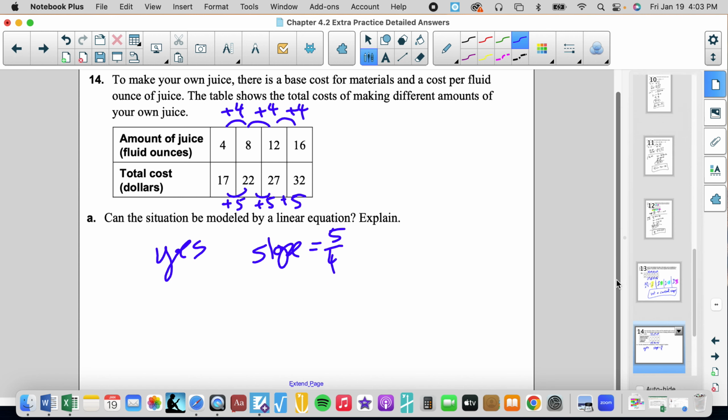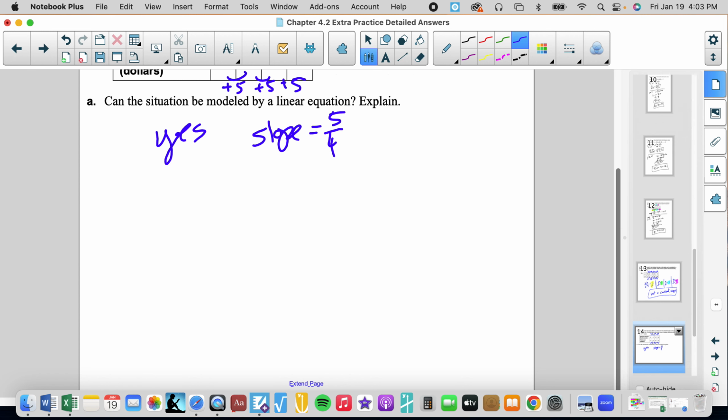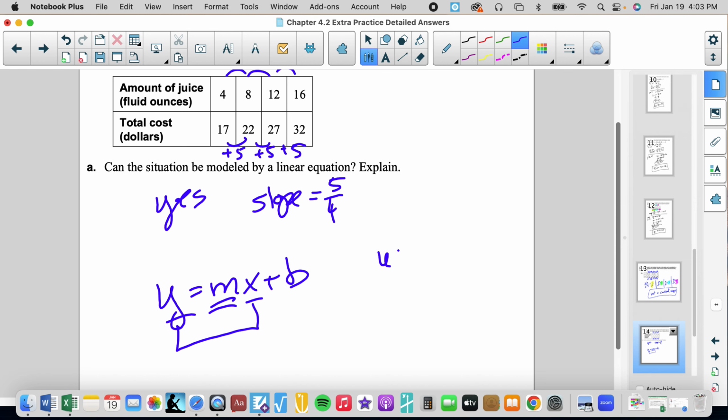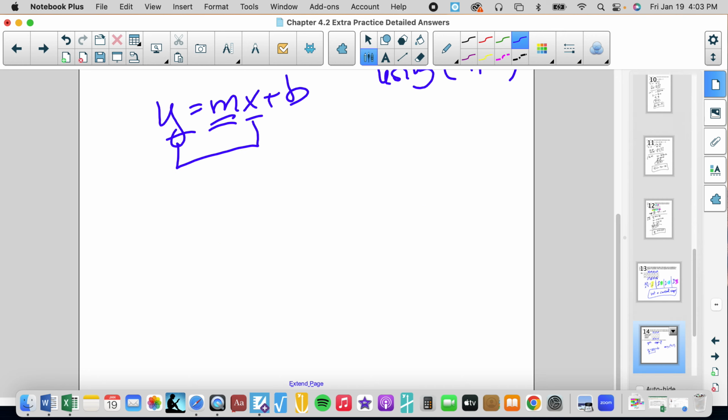Now, how do we find the y-intercept? Well, we do the same thing. y equals mx plus b, plugging in for m and plugging in for a point. We have a point. In fact, we have 4 points. Let's use one of those data points, (4, 17).